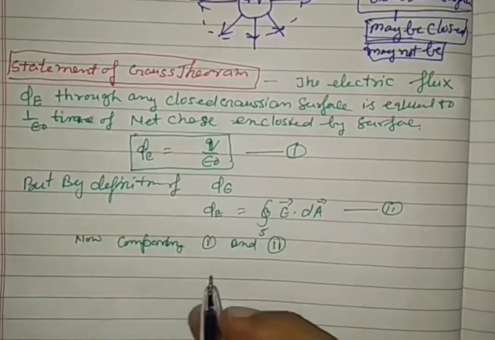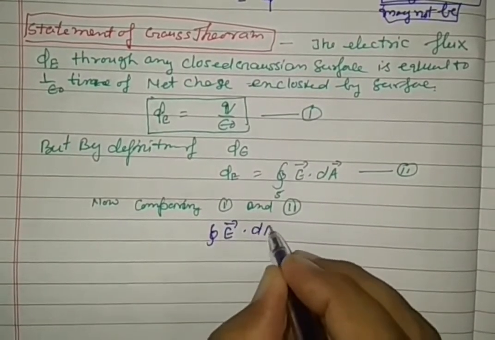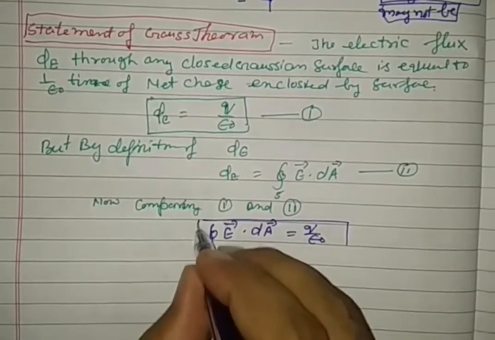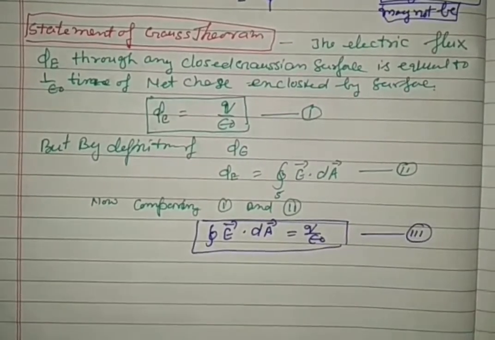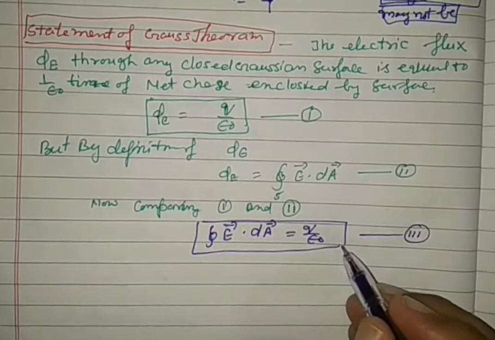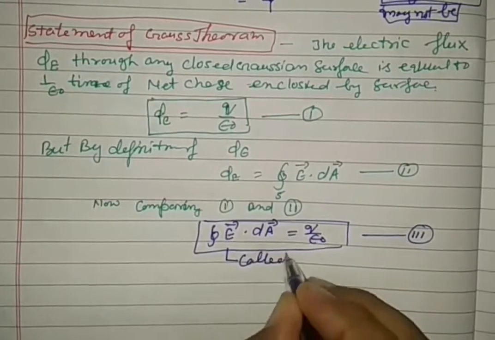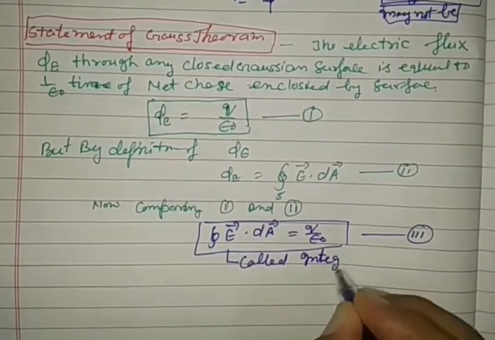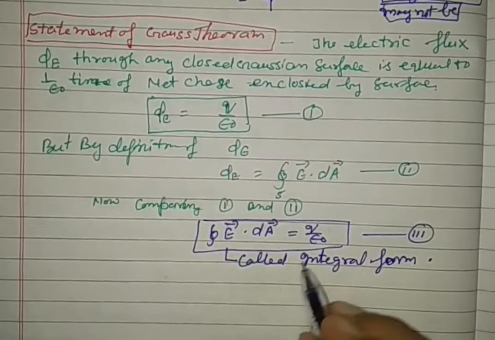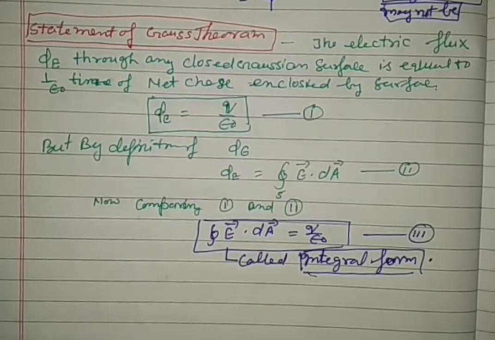Since the left hand sides are equal, its right hand side is also equal. This is equation number 3, right? This equation number 3 is called the integral form of Gauss theorem. Which form? Integral form of Gauss theorem.